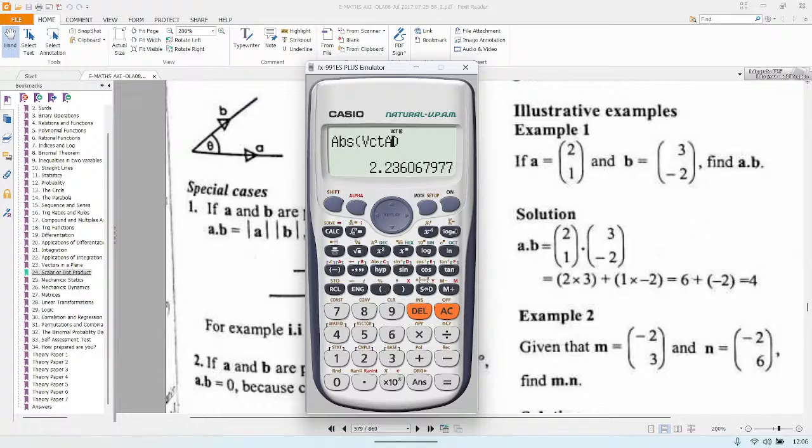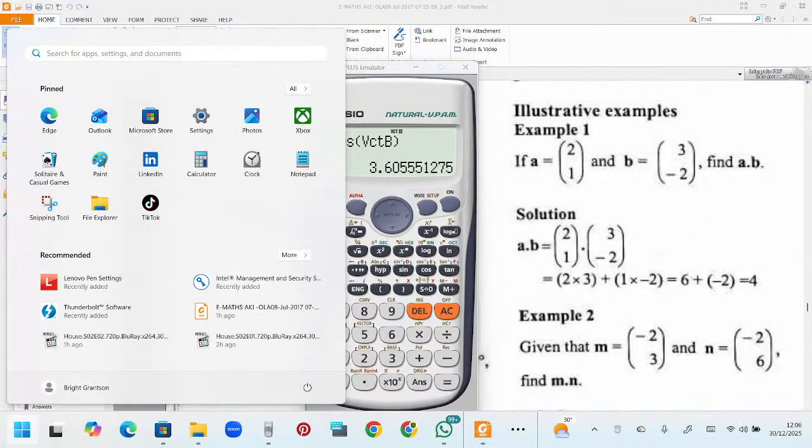Similarly, if you want to find the magnitude of vector B, so you see this one is 2.23. Vector B, this side 3.6. Let me see if I can duplicate this calculator.